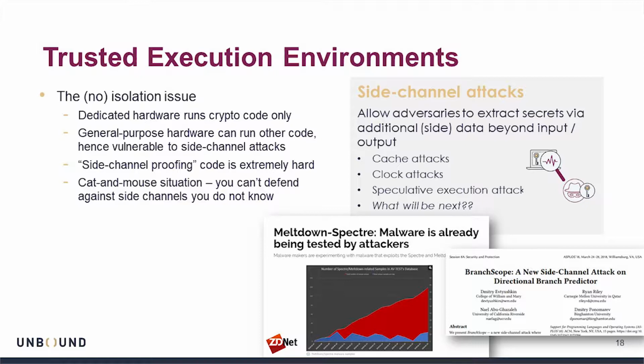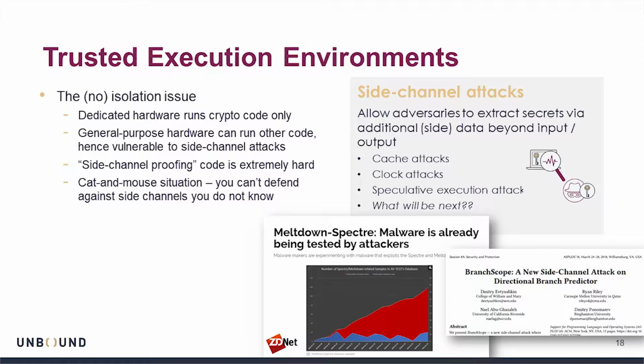We all heard about Meltdown and Spectre and speculative execution attacks. The same thing happens here. This interaction between these different pieces of software running on today's extremely complex hardware means that without full isolation, you don't have the guarantee that we got from dedicated cryptographic hardware.